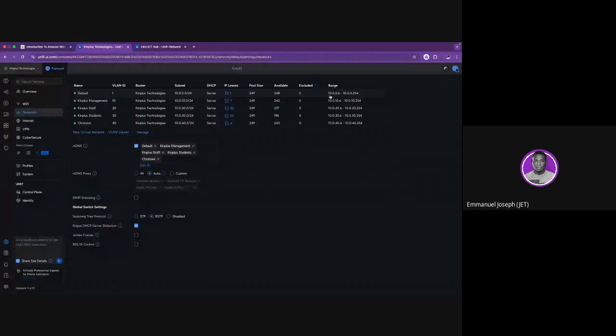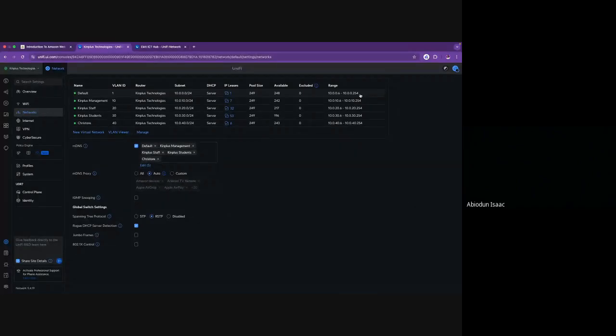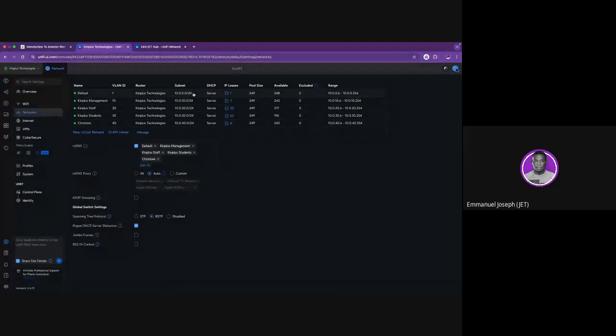So it is not giving you a range of 10.0.0.0 to 10.255.255.255, which would have been a class A. Because of the subnetting of /24, even if 10 falls under class A, this whole network falls under class C. That is why it was divided like that.